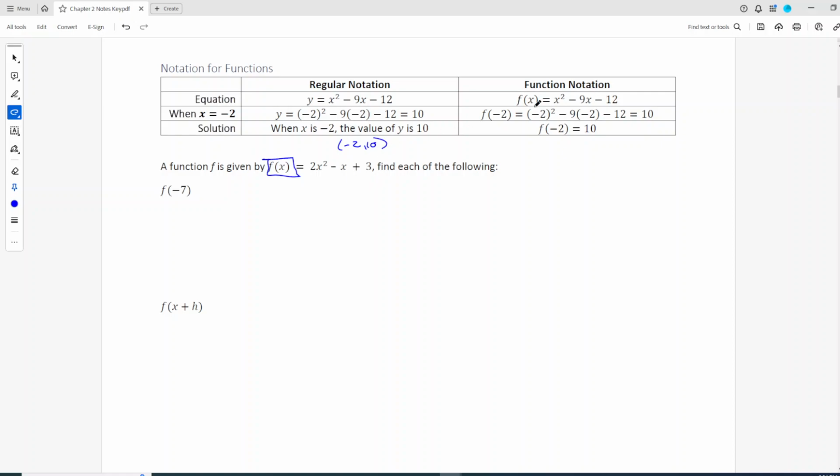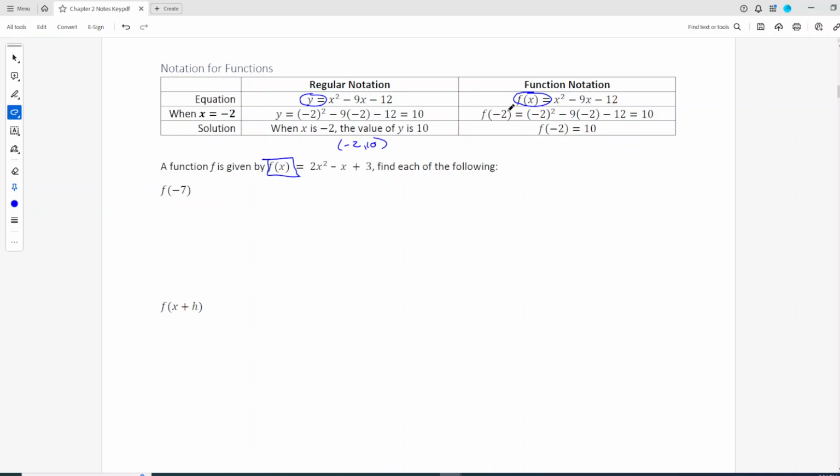But in function notation, instead of having our equation be y equals, we let our equation be f of x equals. So this is read f as a function of x, or f at x. And what it says is that I can put anything I want in for x. So for example, I can put in negative 2. So I could say find the value of your function at negative 2.